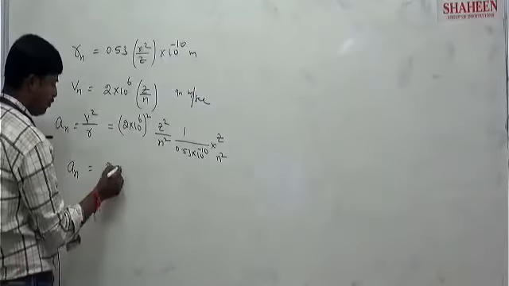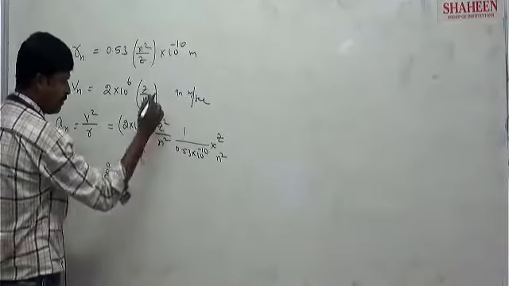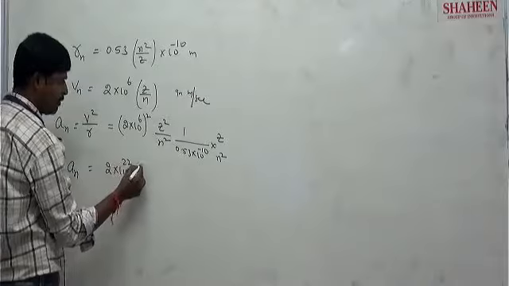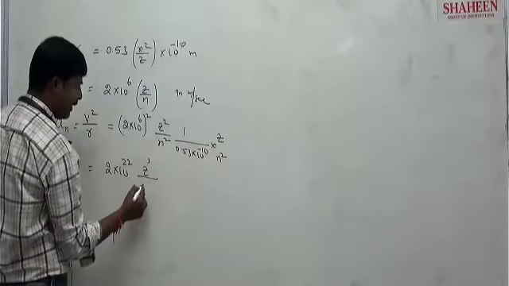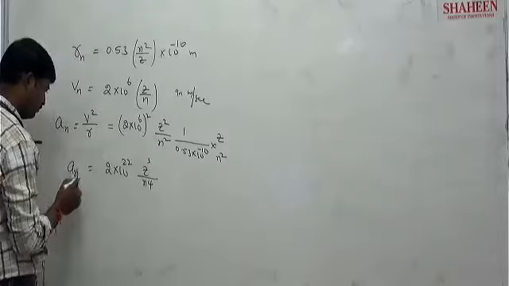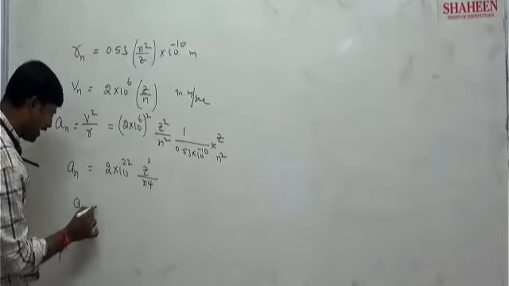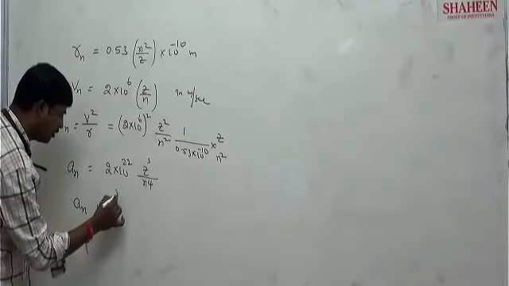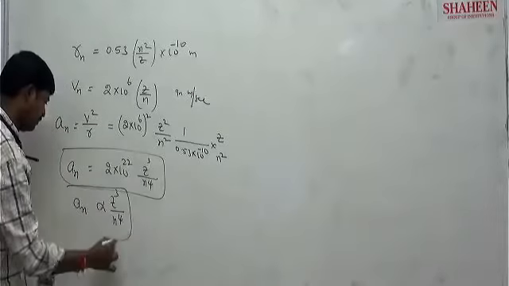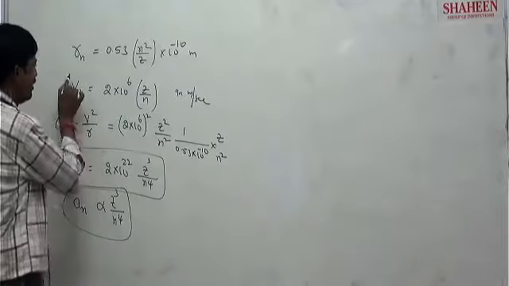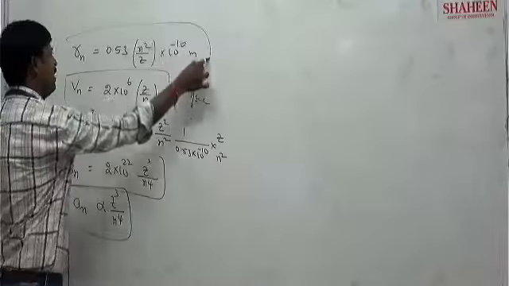So 2 into 10 to the power of 22, and z's power cube by n power 4. Or directly we can write a_n is directly proportional to z cube by n power 4. Clear? This we already discussed in the beginning of the last class.